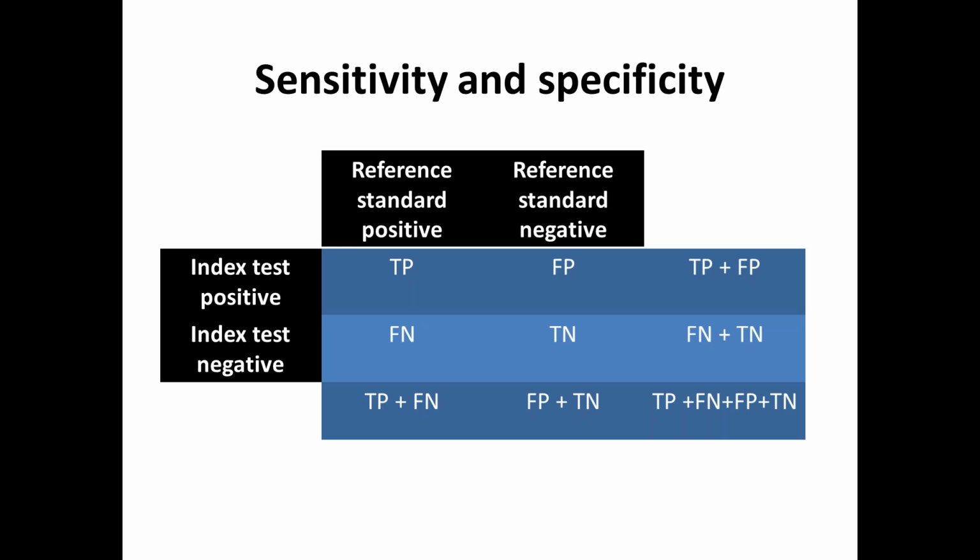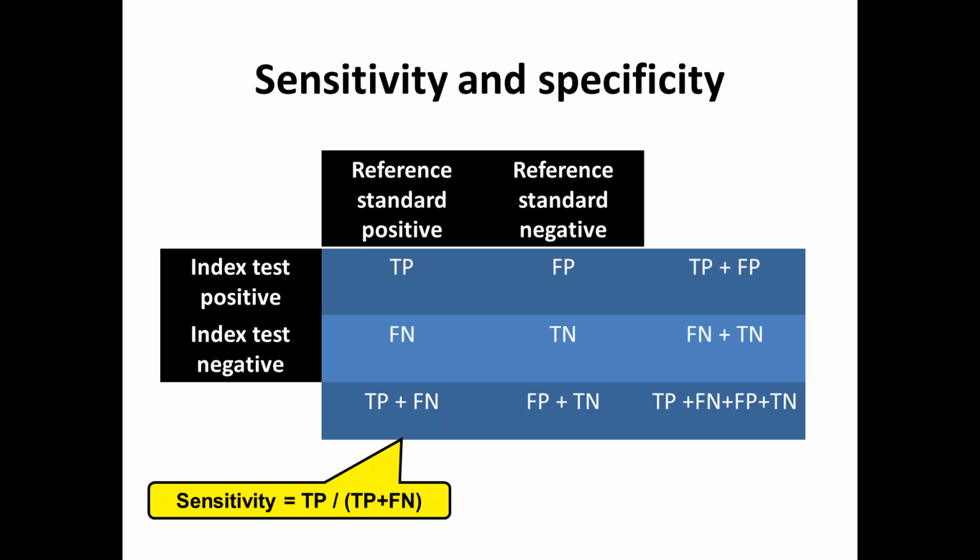So I'll take you back again to the 2x2 table, because this is critical for our meta-analysis. As John's already explained, this table is the cross-classification of the index test results against the reference standard results. Using this table, we can calculate various measures of test accuracy. But the most commonly reported measures are sensitivity and specificity.